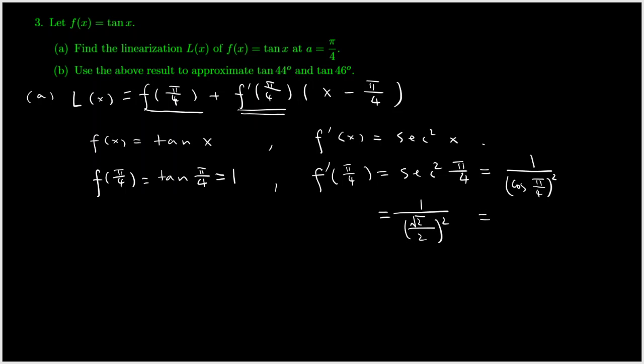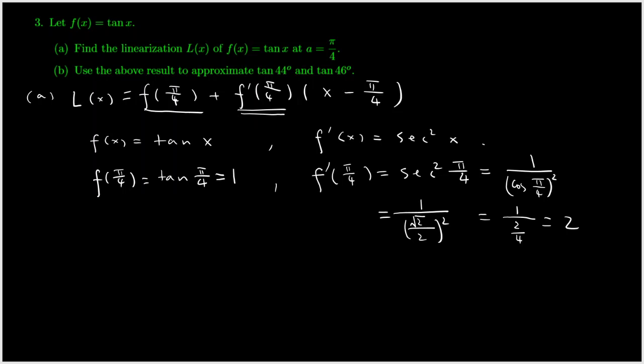So you have 1 over 2 over 4. This is the same thing as 1 over 1/2. So the final answer is 2. That's the value of the derivative at pi over 4.